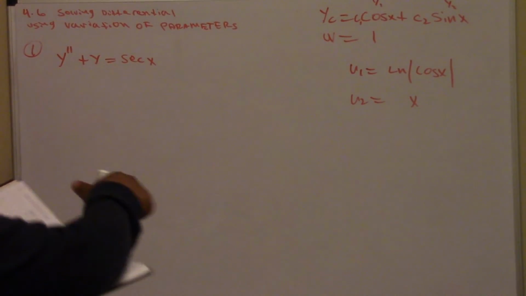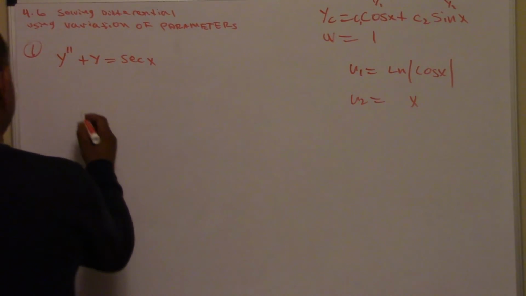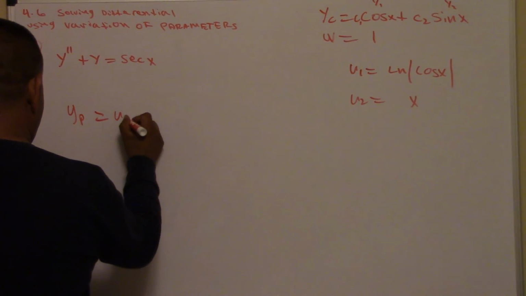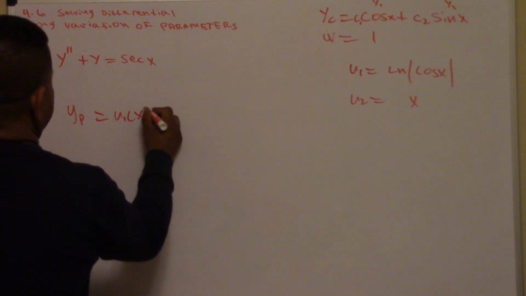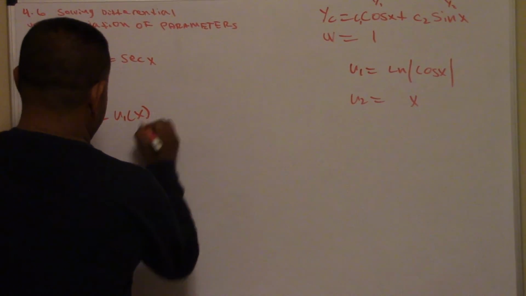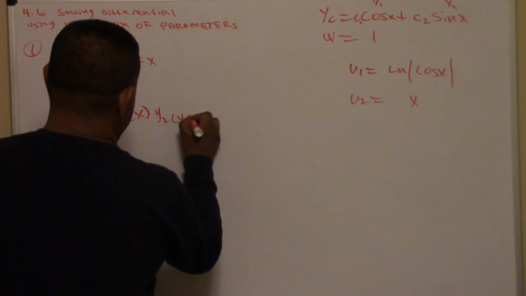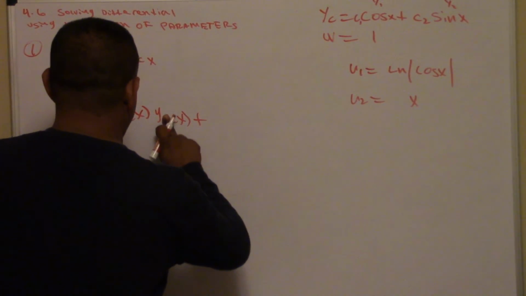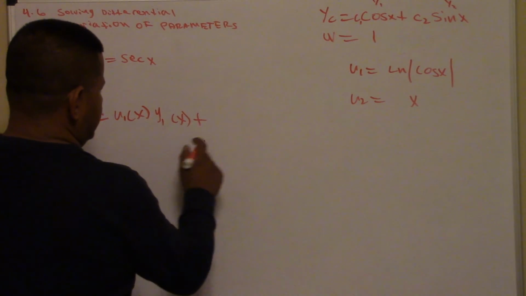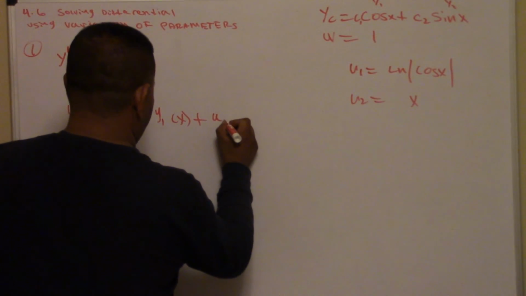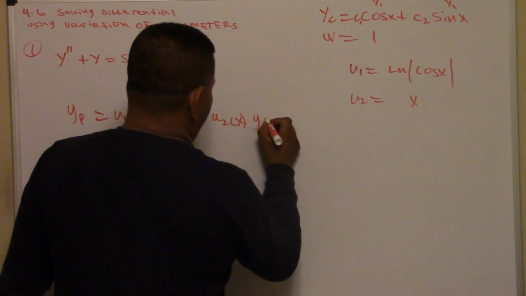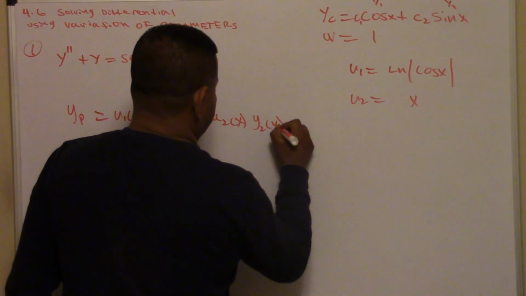Okay? And the formula is as follows. Yp is equal to U1 of x times Y1 of x plus U2 of x times Y2 of x, right?